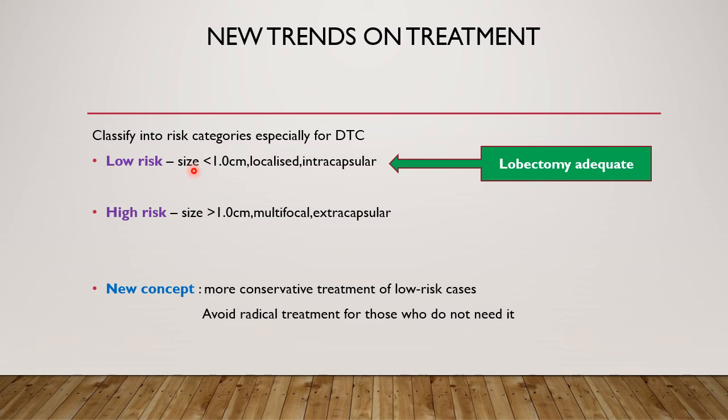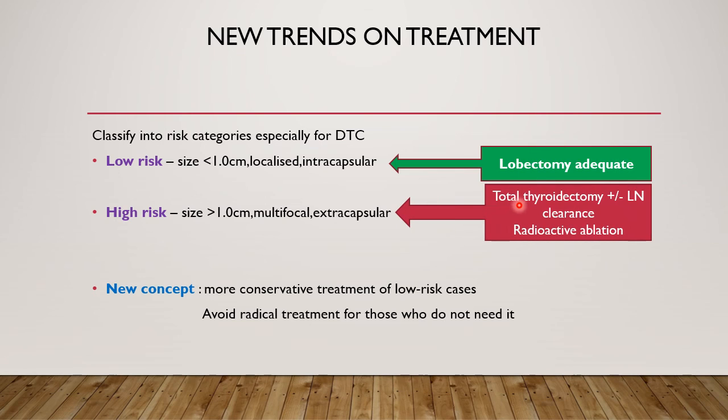For low risk patients, especially the differentiated thyroid carcinomas, lobectomy alone will be sufficient. Whereas for high risk cases, you may need a total thyroidectomy with or without lymph node clearance, followed by radioablation.